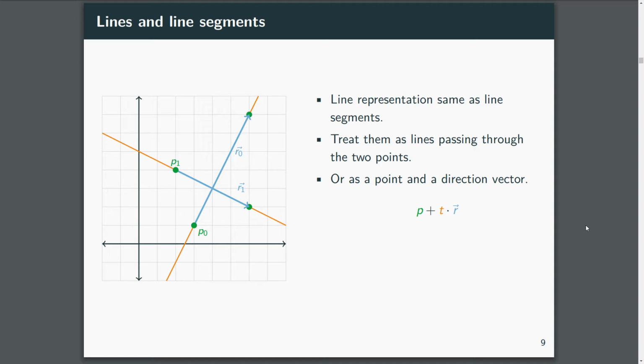Or you can normalize the direction vector, and then you just have a point and a direction. So your direction vector will be of length 1. Whichever way you take, you'll have a pair of 2 points.